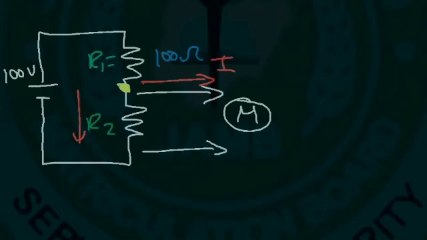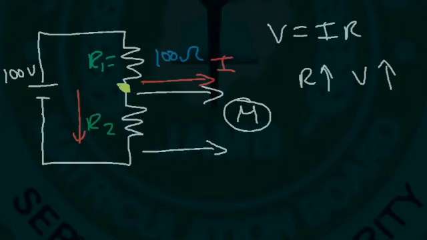So at this point, you're going to have a higher potential. So by increasing R2, you increase the voltage across it. And it makes sense because V equals IR. If you increase the resistance, the voltage across that resistor is going to go up, assuming the current doesn't change much.